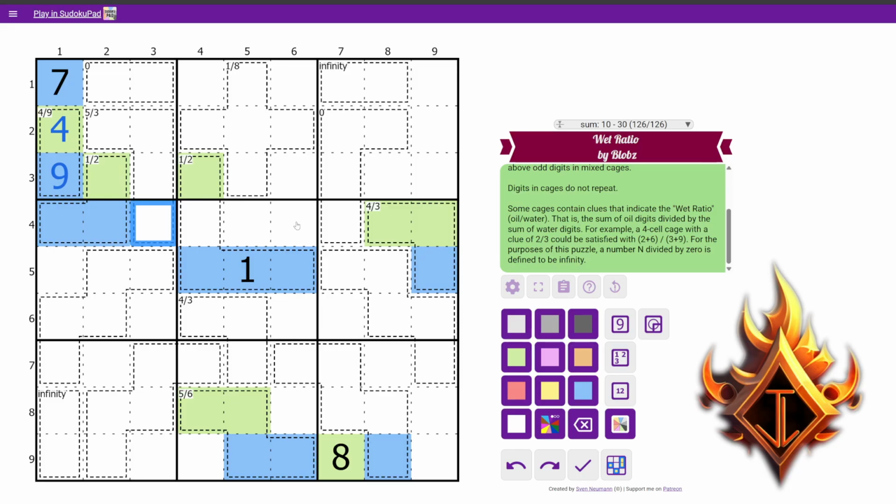Okay, anywho, this has to be odd. These cannot all be even, so that one is odd. And now these cannot all be water, because then it would not have a ratio. So that is like that. These will be even.